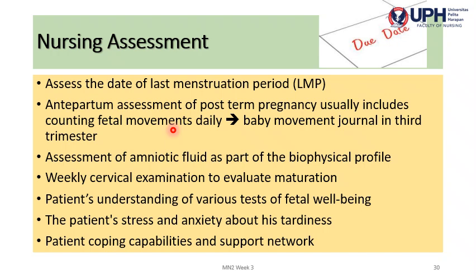We document the fetal movement to make sure it is within the normal range, as well as assess the amniotic fluid, do weekly cervical examinations, and ask the patient to understand that there are various tests that will be done to make sure that the fetus is in a good position and condition.